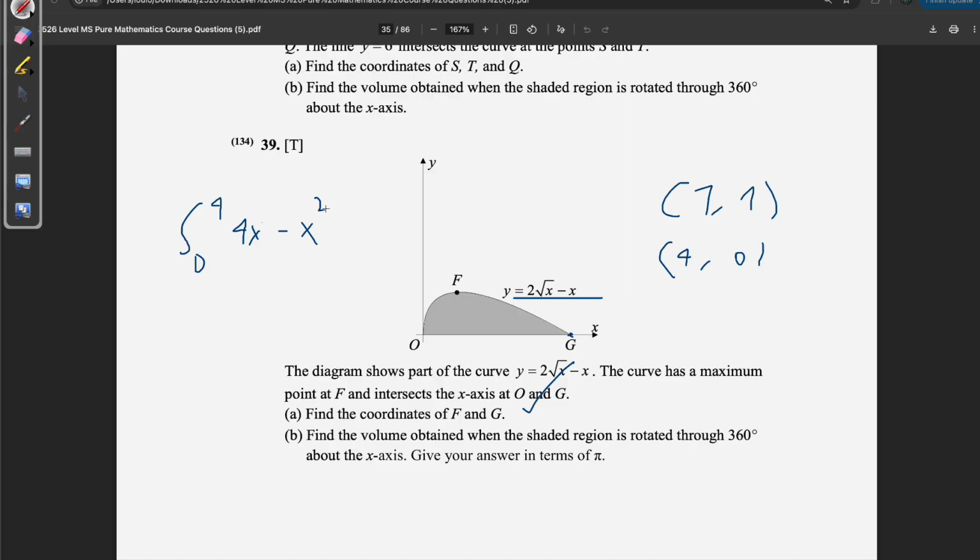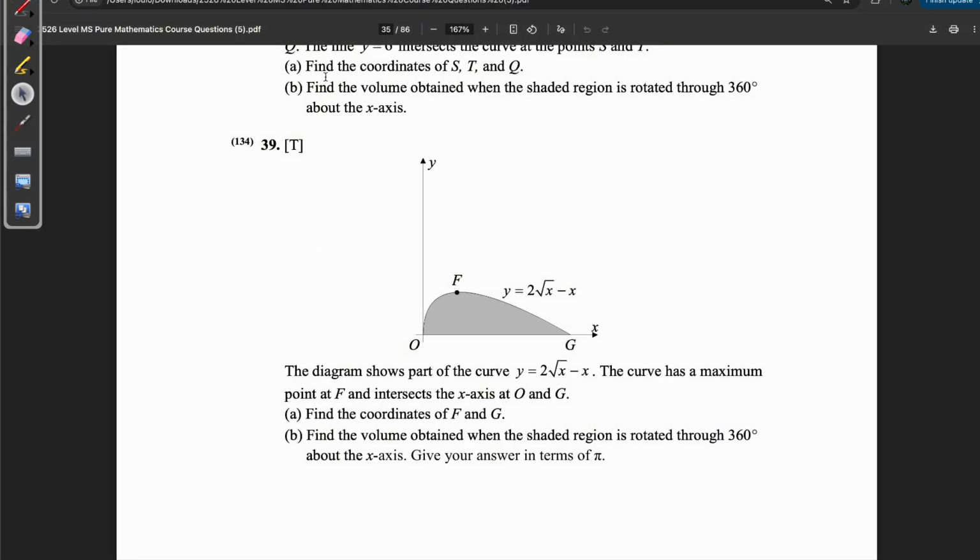You're going to get 32 over 15 pi. Actually, don't just do this, you take the whole function squared. It makes life so much easier.